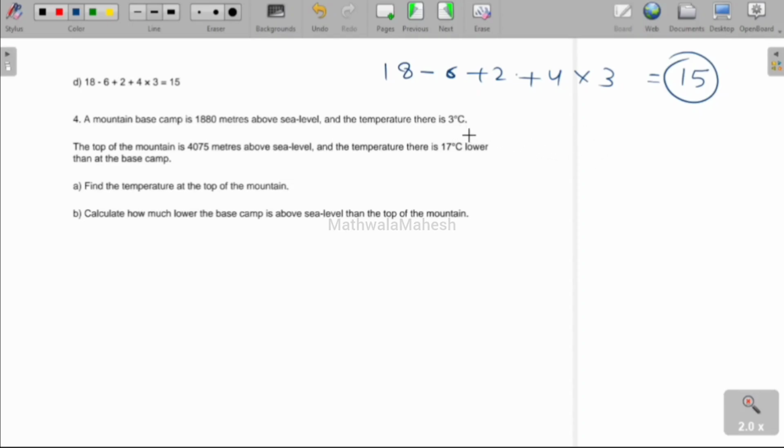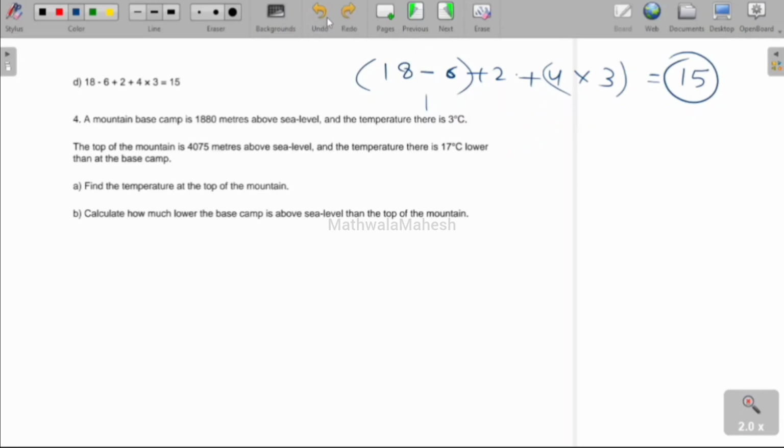First of all, if I put a bracket here, 18 minus 6 is 12, plus 2 plus 4 into 3 is 12, which is 26, but our answer is 15. So this is not correct.